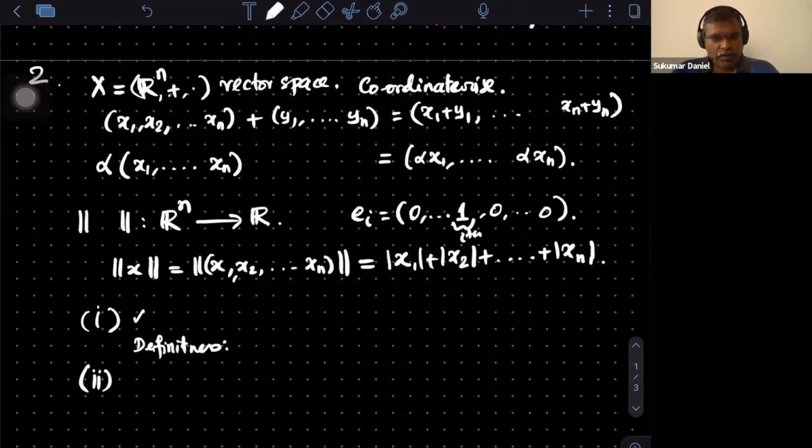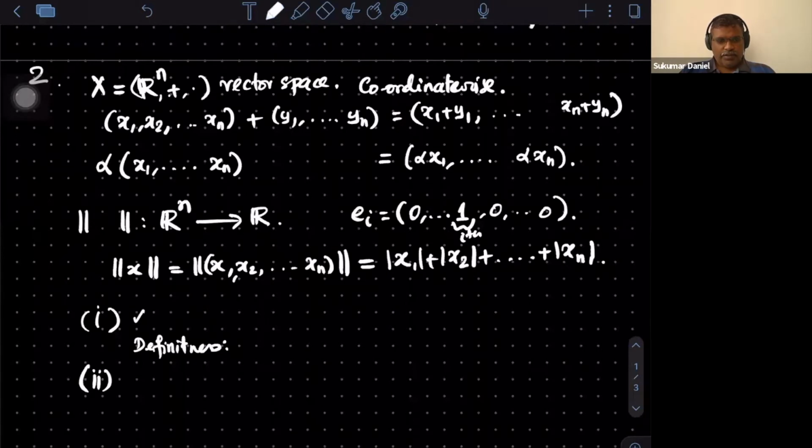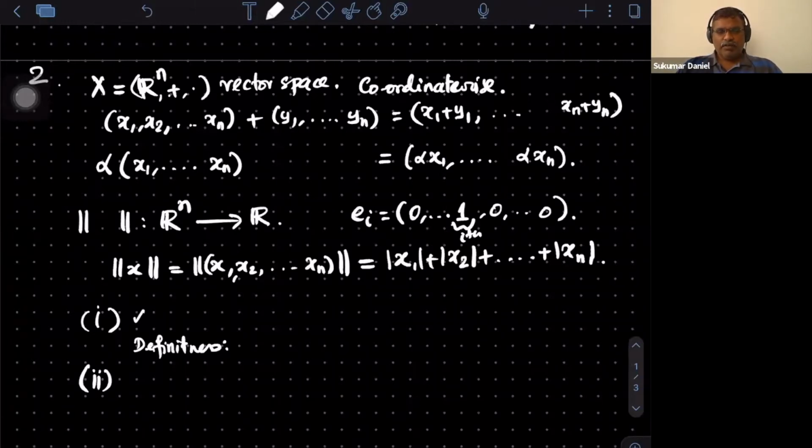Right. So what about homogeneity? Don't say that yes, it will be true. Just go through the proof. It's just a one-line kind of proof. By definition, the norm of alpha x is alpha applied coordinate-wise.